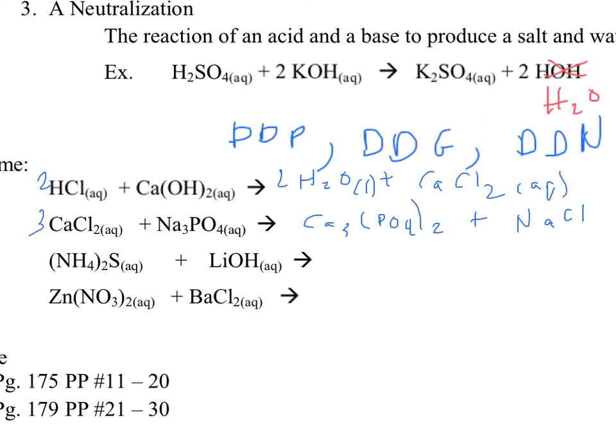Now I need to balance my equation. And include states. Calcium phosphate is a solid, whereas sodium chloride is aqueous. Because I have a solid product, this is a double displacement precipitation reaction.